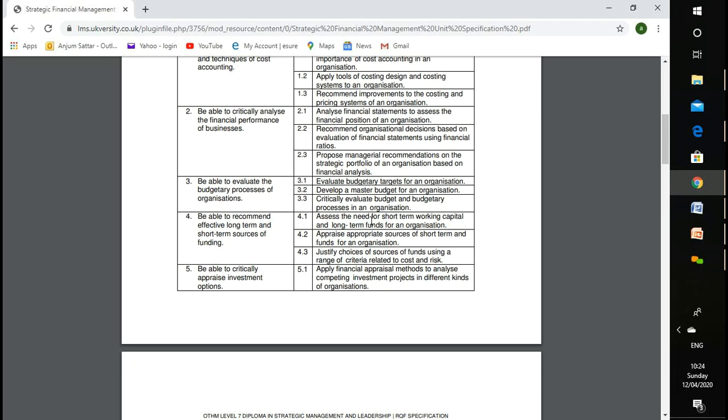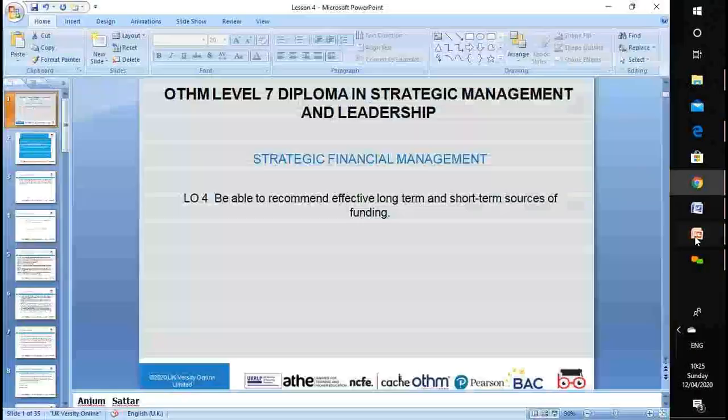Then the long-term funding within our organization, which is quite linked with 4.1 and 4.2. 4.2 is appropriate sources of short-term and long-term funds for an organization. So justify the choices of sources of finance based on the cost and the risk criteria towards the organization, which will all be the focus of our discussion.